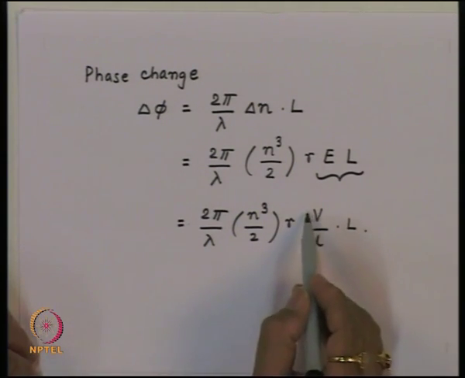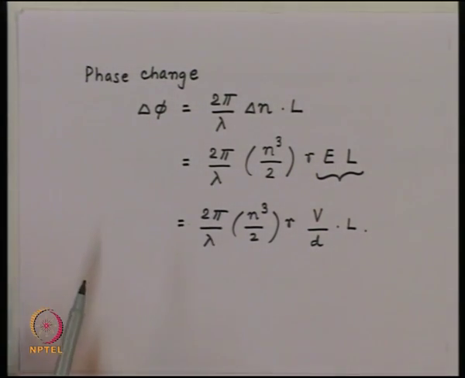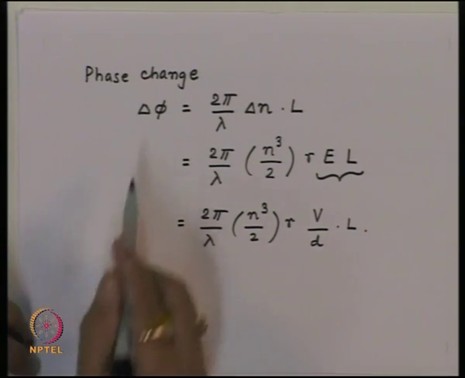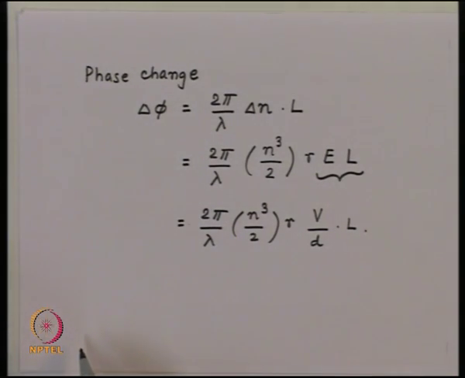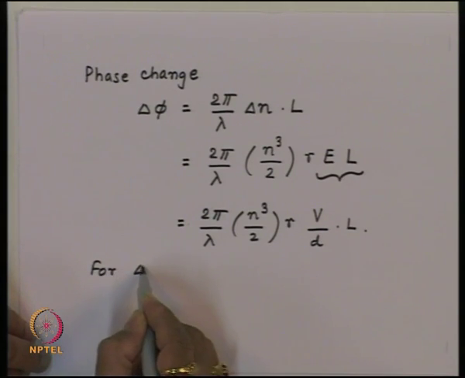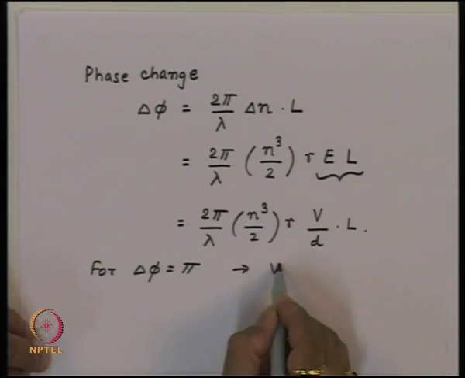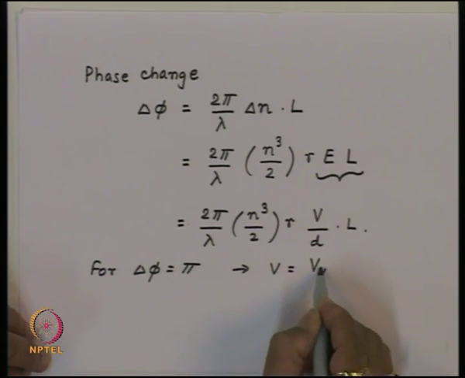When I apply no voltage, delta phi is equal to 0, which corresponds to my reference phase. When I apply voltage V, the phase must change by pi. Let us call that voltage V pi. So for delta phi equal to pi, we get V equal to V pi.